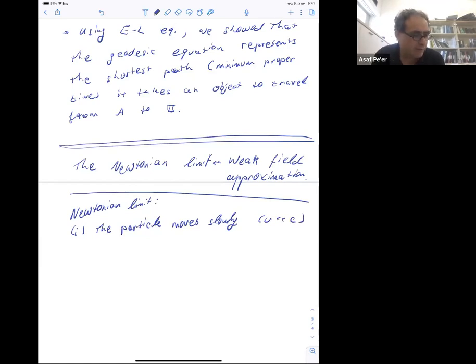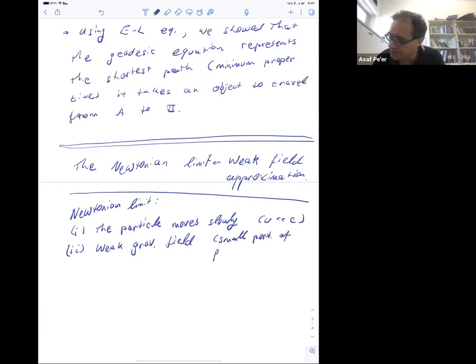The second is that the gravitational field is weak, and what it means is that I can look at it as a small perturbation of flat space-time.